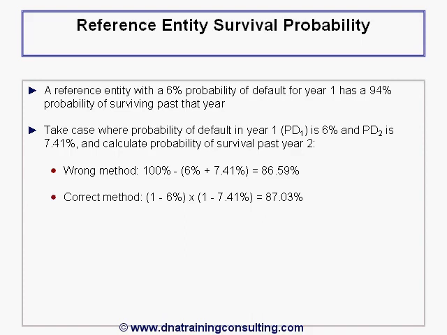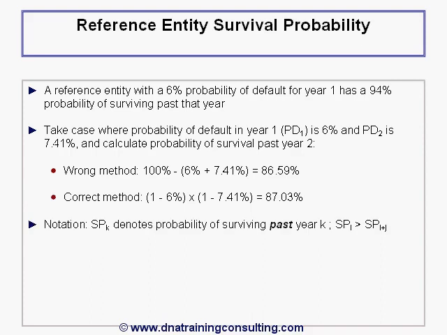We will restrict ourselves as before to talking about survival probabilities for an entire number of years, no fractions being allowed. And therefore we can introduce the notation SPK to denote the probability of surviving past year K, i.e. of not defaulting in year K or any prior year.